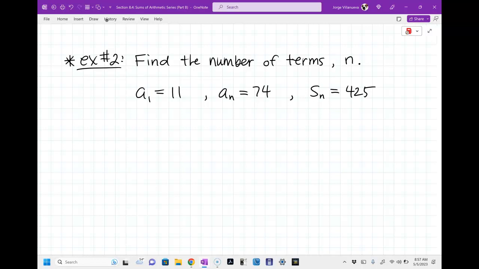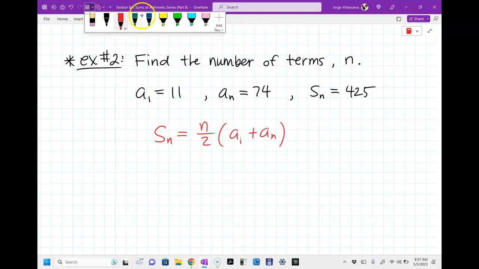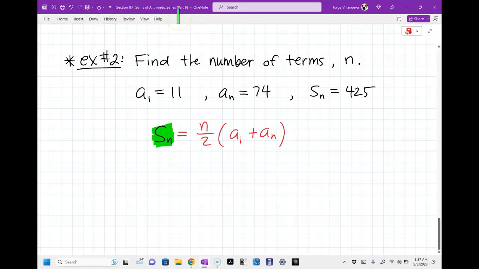So we're going to still use that same formula that we were using before, the easier one of the two. But I want you guys to notice, like I said earlier, they gave us S sub n, A sub 1, A sub n. The only letter left to solve is n. They gave me everything else. So they're not making it tricky. You just have one variable that's left over. That's the one we need.